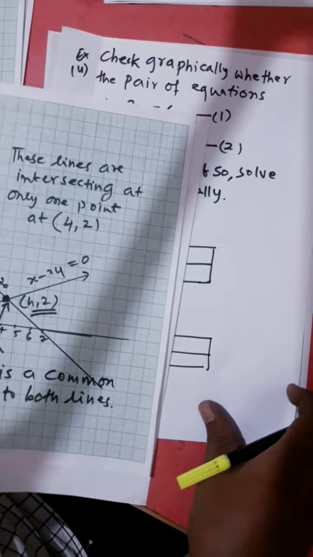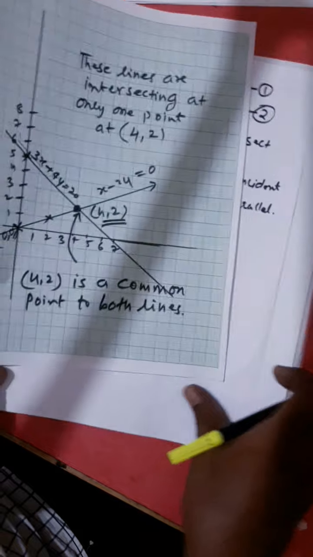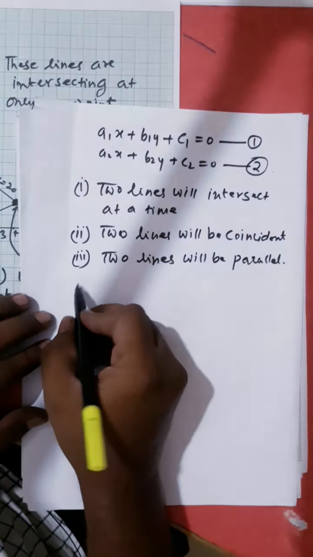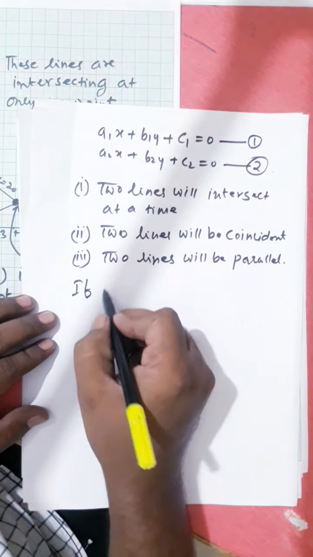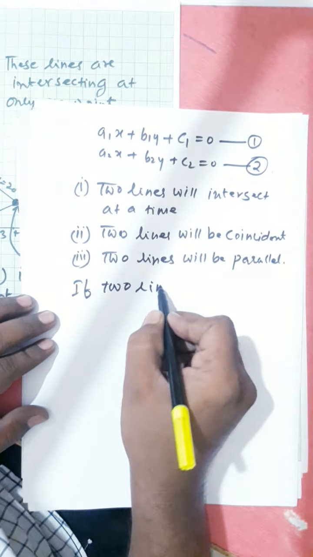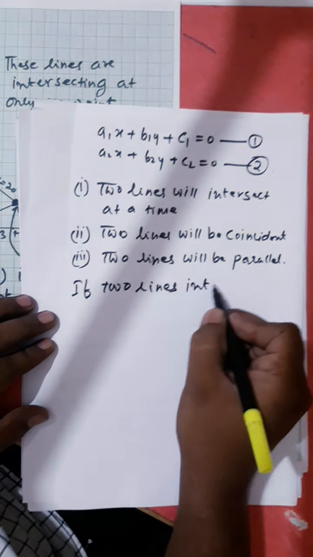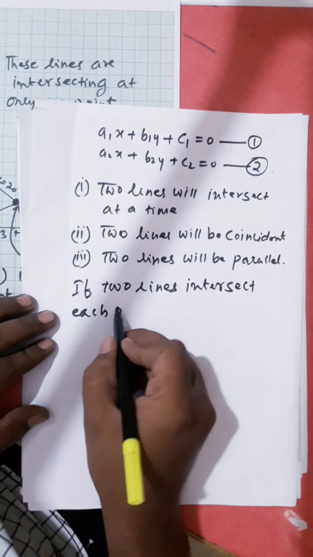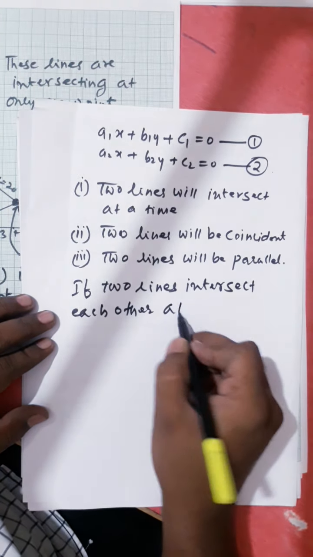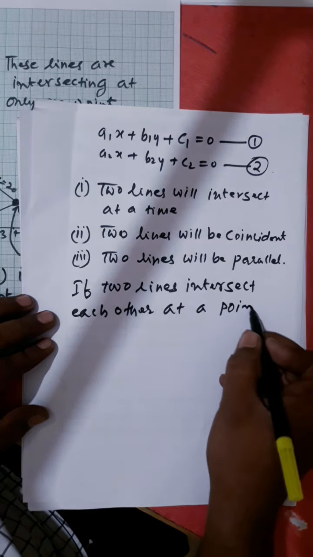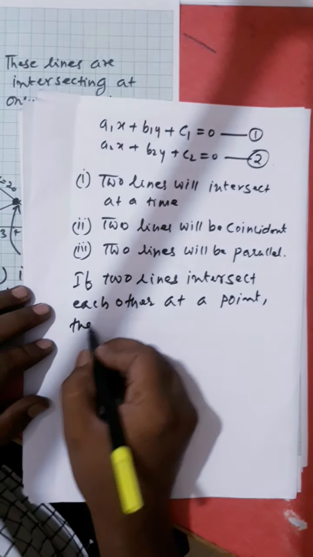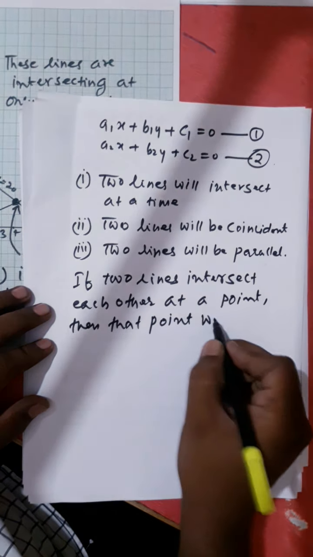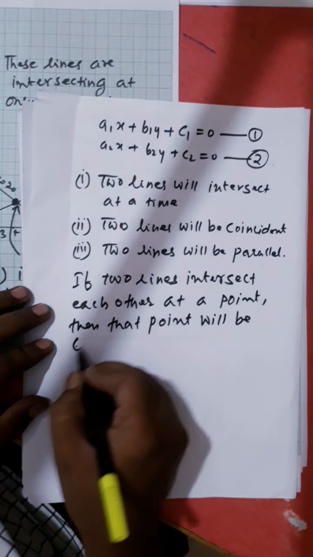That means what we understand is, if two lines intersect each other at a point, then that point will be common to both the lines.